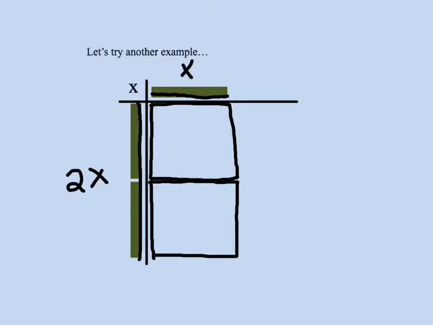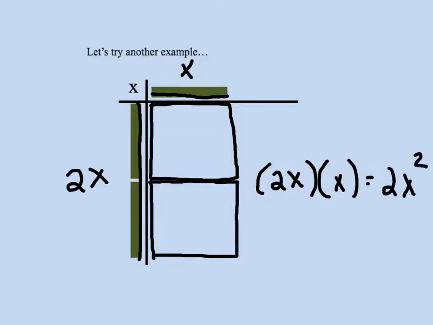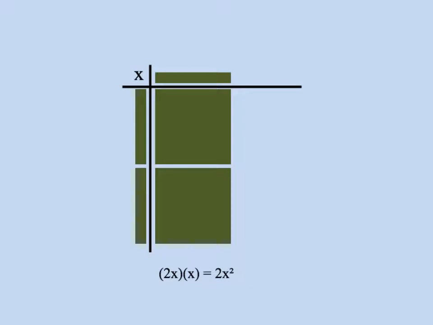Based on the area model, 2x multiplied by x is equal to 2x squared. And again, we can see it here: 2x times x gave us 2 x squared tiles, so 2x times x was equal to 2x squared.